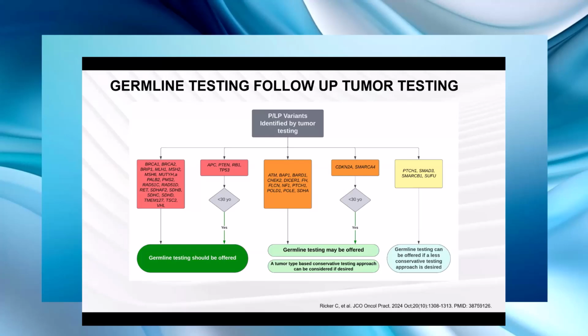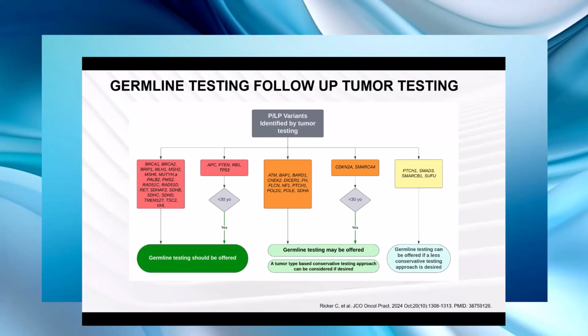And then the intermediate conservative approach is listed in the yellow box, where patients can have germline testing offered if that less conservative testing approach would be desired.